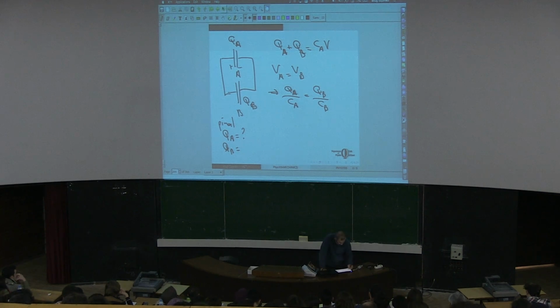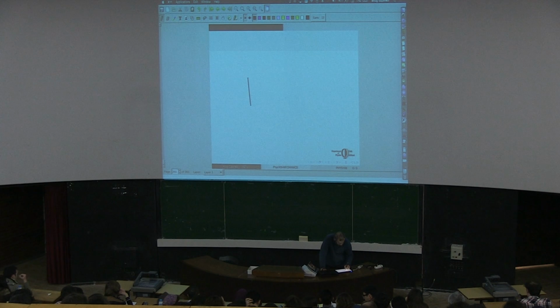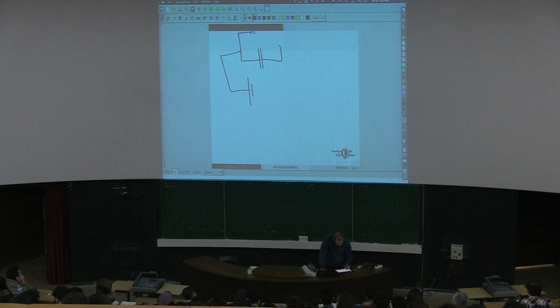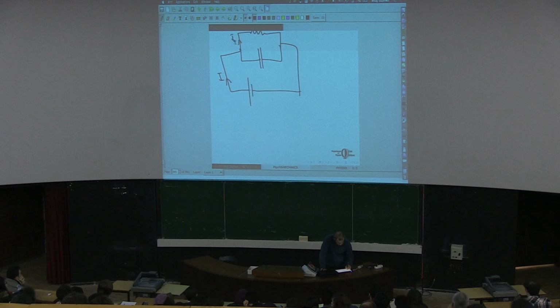For example, if you have a battery, this is what creates the current. And then you have, let's say, a capacitor and a resistor. If a current arrives, when it reaches here, it will split into two. So now a different current passes through the resistor and the capacitor.